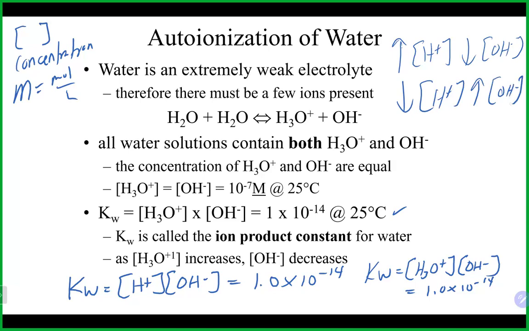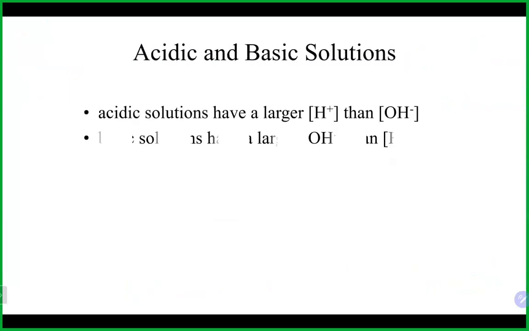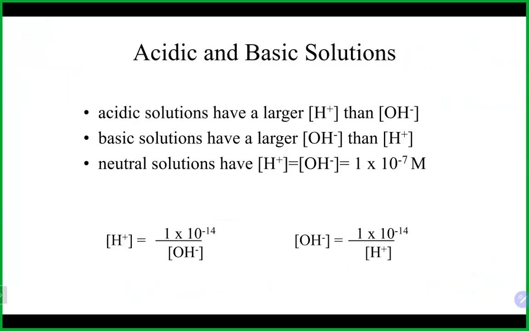We can use Kw to figure out the concentration of H+ or OH- in the solution if we know the concentration of one of those things. So if we know the H+ concentration, we could calculate the OH- concentration. If we know the OH- concentration, we could calculate the H+ concentration. And we could use those concentrations and compare them to determine whether the solution is acidic, basic, or neutral.